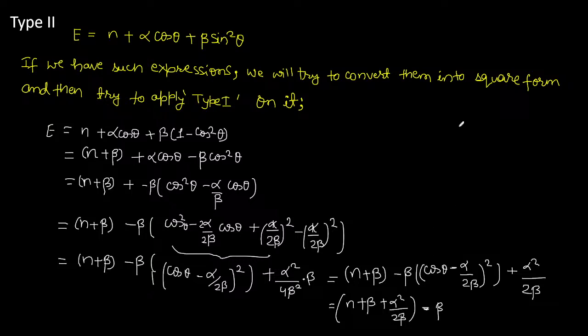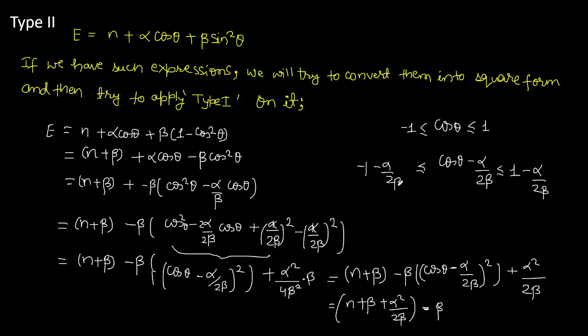So cos theta, we should be knowing that cos theta is between minus 1 to 1. So cos theta minus alpha by 2 beta is 1 minus alpha by 2 beta, to minus 1 minus alpha by 2 beta.